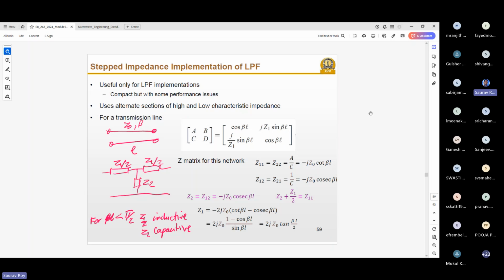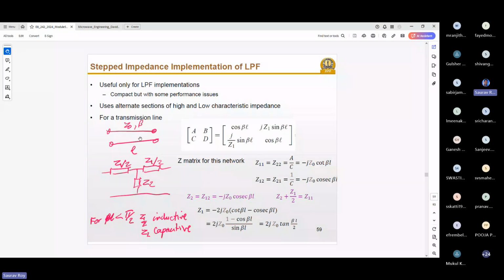Yes, there is a very simple way to implement it. It's called the stepped impedance low pass filter. Stepped means we will take multiple sections of microstrip line which have a defined value of characteristic impedance. Now we'll see how it is designed.